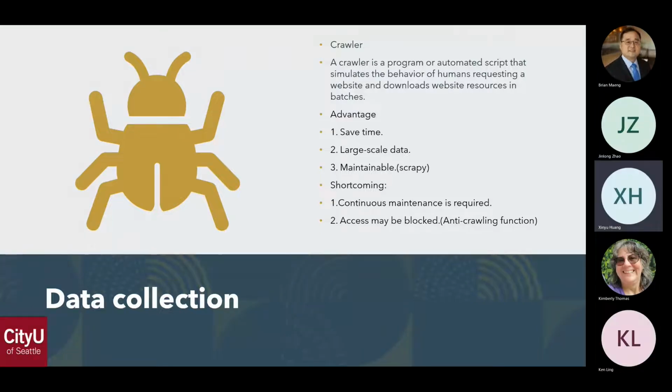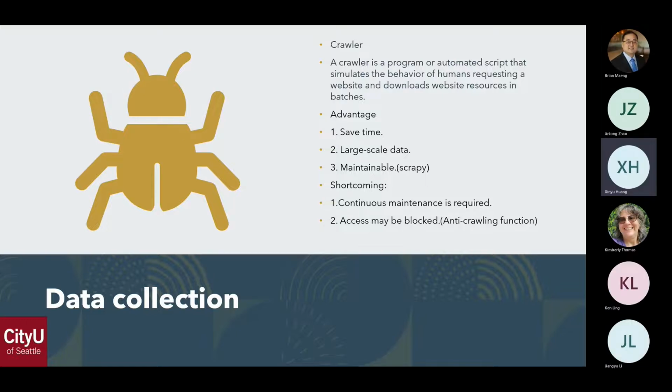The crawler tool needs to follow the data changes of the crawled website. And the second is that access may be blocked, the anti-crawling function. Websites can use a number of different methods, such as IP blocking, to prevent you from scraping their content.